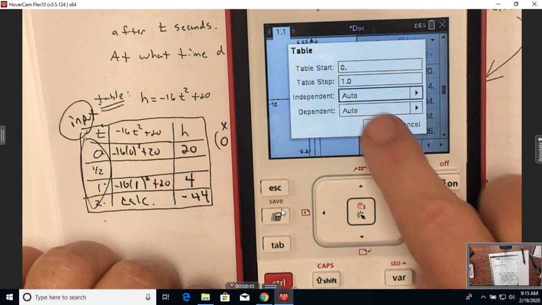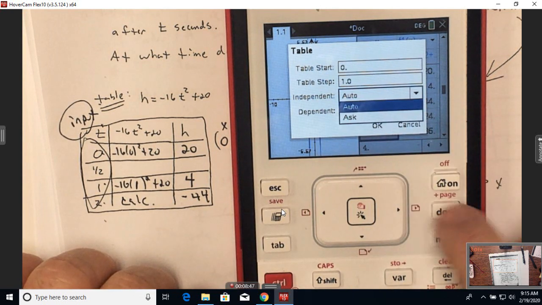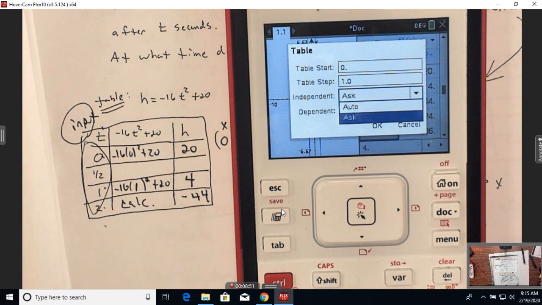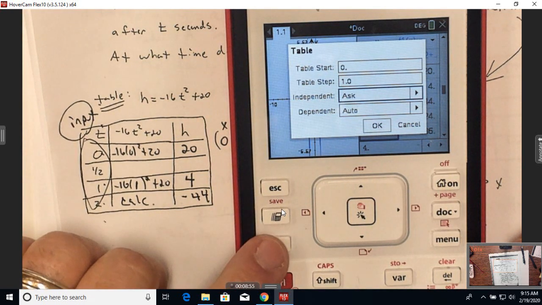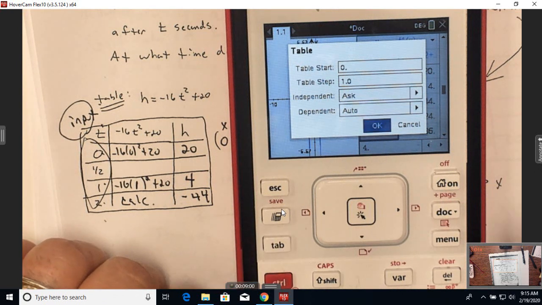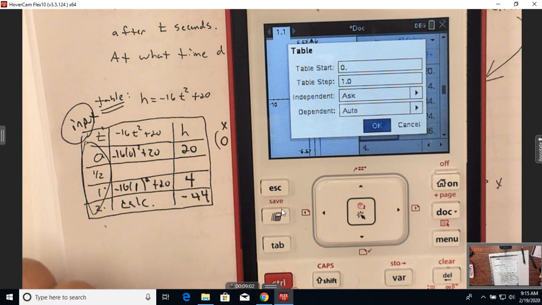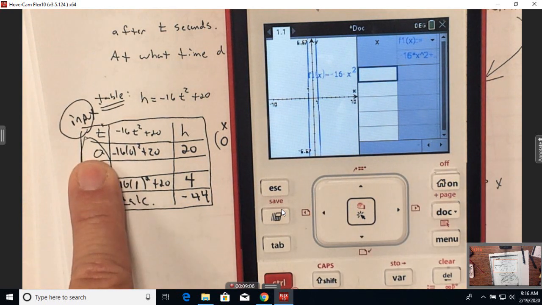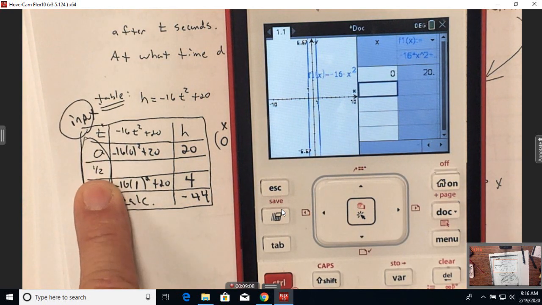So click over to the right once it's highlighted and go to ask. So instead of automatically coming up with it, it's going to ask you for values to plug in yourself. All right? So once that's the ask, leave this as auto. Go to tab, tab, until you get to OK, hit enter. And then come over here and you can enter in whatever you want. We can enter in a 0, just like our table, and then a 1/2.